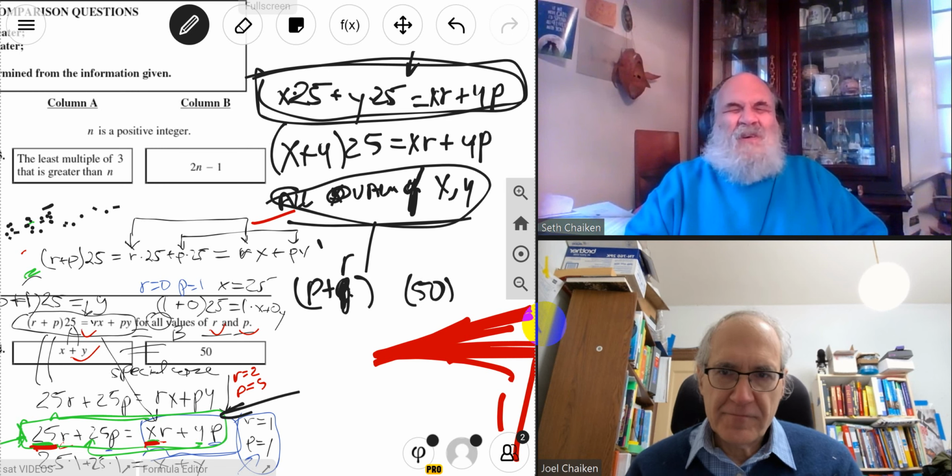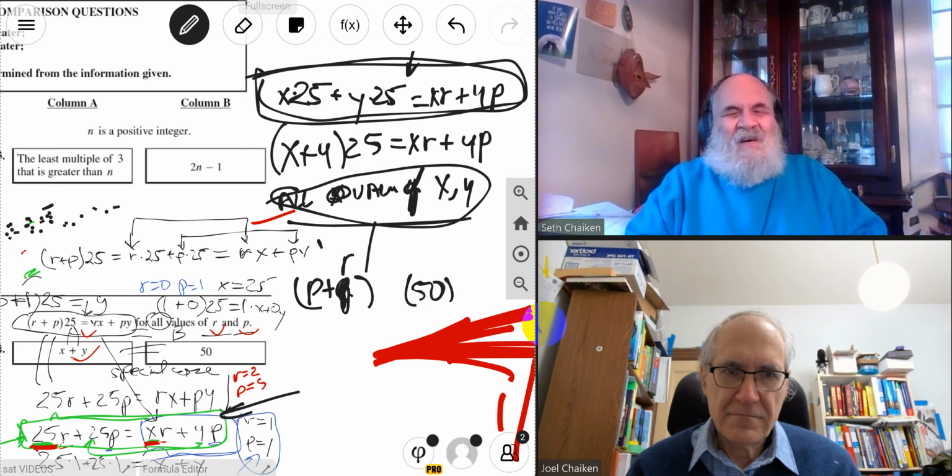Or they could ask what's possible. So what this problem is doing is asking, given that the statement holds for all values, what is possible? Is it possible for X plus Y to be greater than 50?